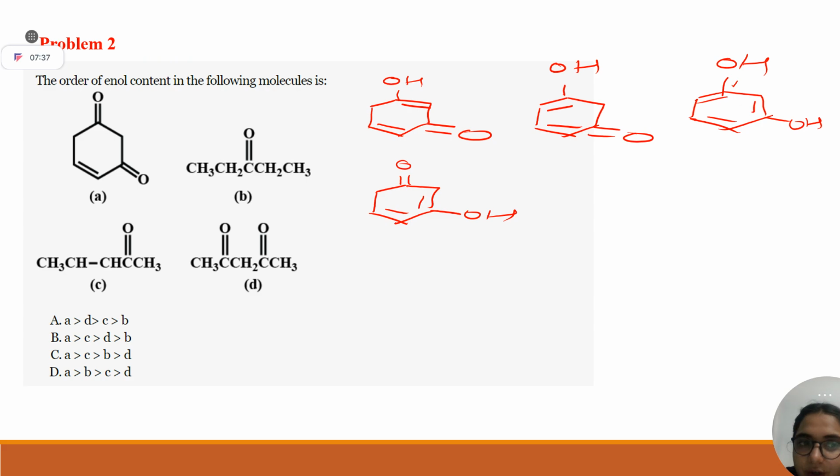Can you make enol of any ketone? You can, right? You just have to take alpha hydrogen, transfer it to oxygen, and put a double bond there. So these are four stable enols. Among these four enols, which is most stable? Obviously C, the third one.